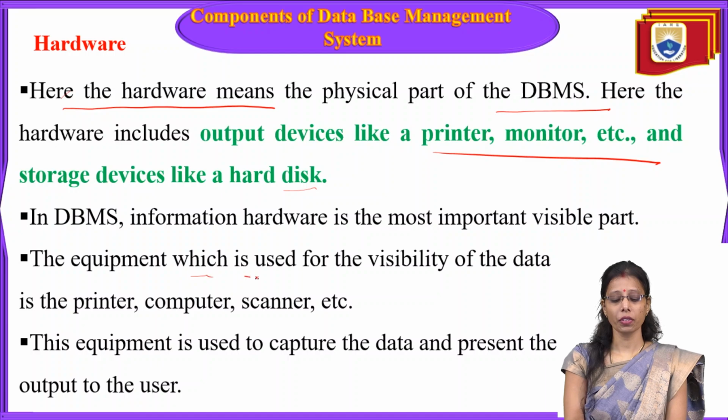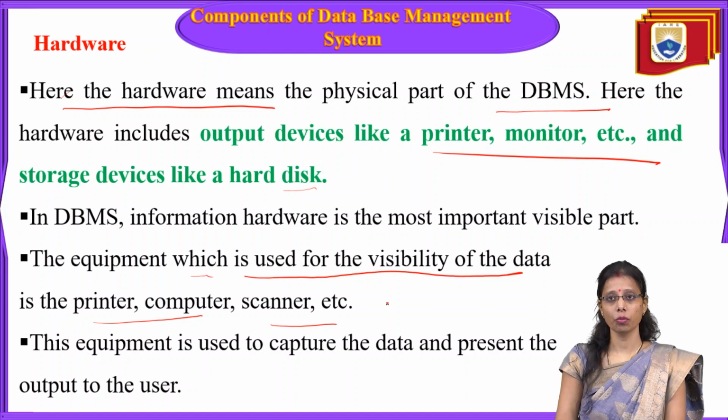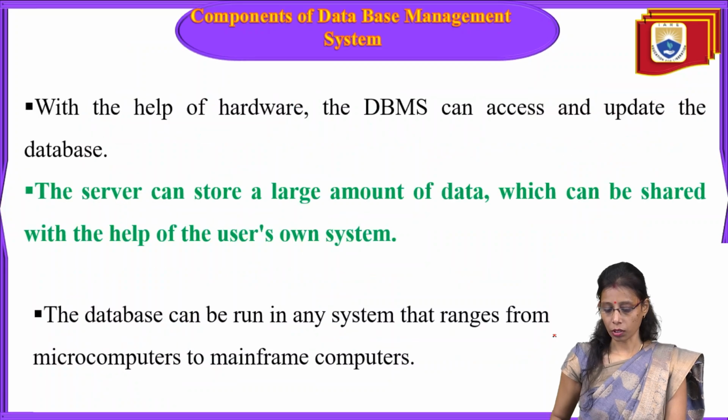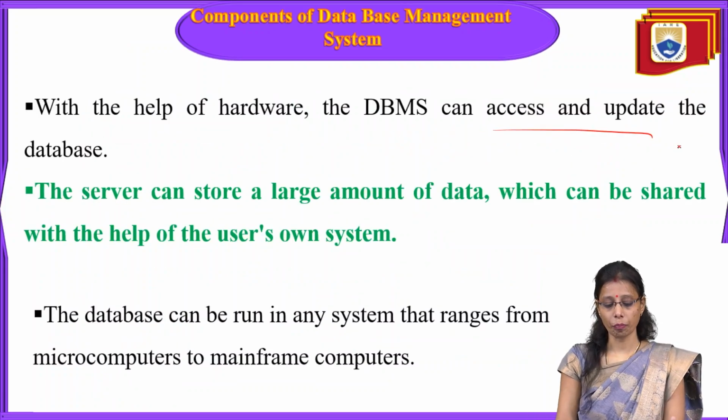The equipment used for the visibility of the data is the printer, computer, and scanner. This equipment is used to capture the data and present the output to the users. With the help of hardware, the DBMS can access and update the database.